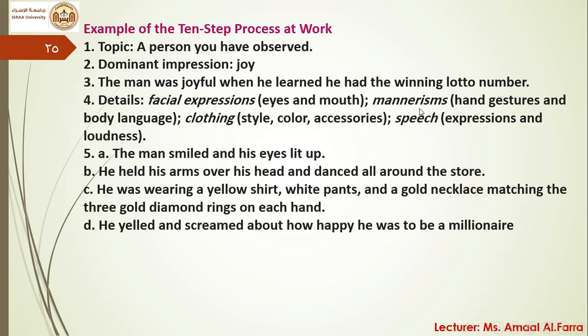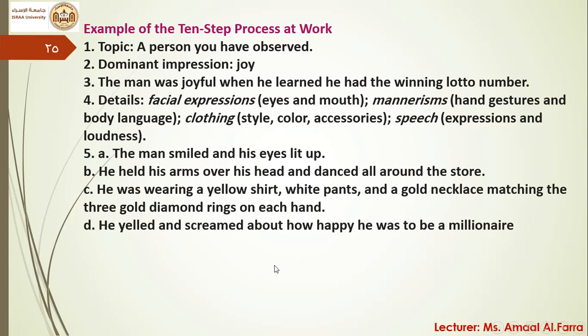This is mannerism. He was wearing a yellow shirt, white pants, and a gold necklace matching the 3 gold diamond rings on each hand. This is clothing. He yelled and screamed about how happy he was to be a millionaire. This is speech. Now we're going to move to step number 6.